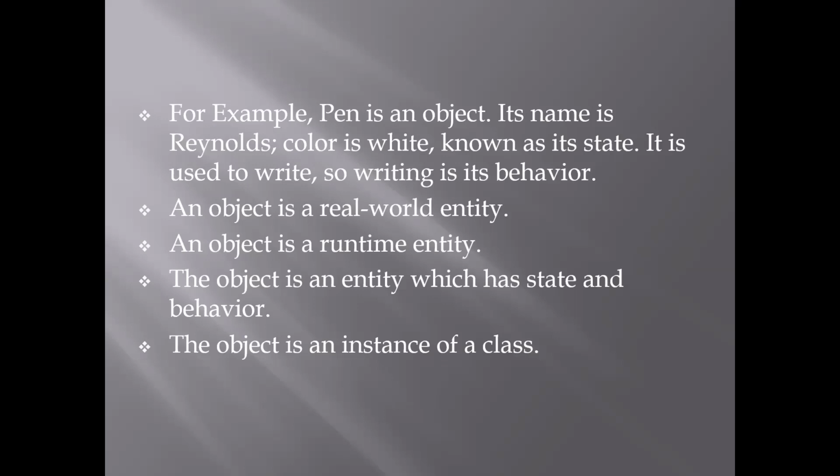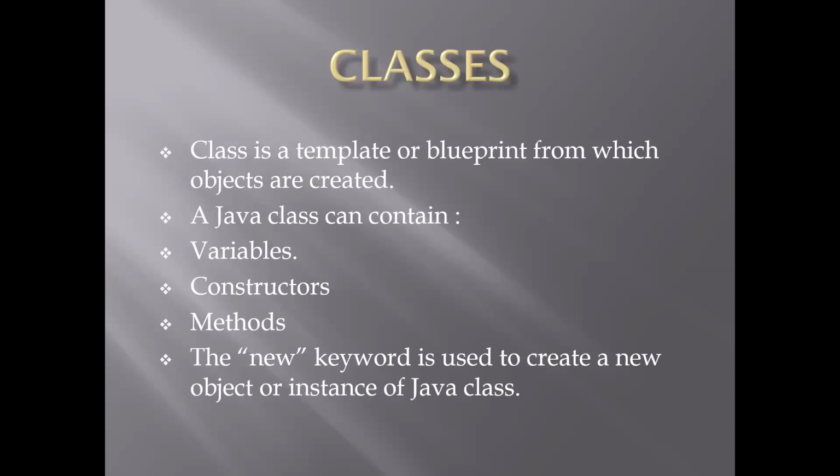As we mentioned, an object is an instance of a class. So now let's learn what a class is. A class is a template or blueprint from which objects are created. A Java class can contain variables, constructors, and methods. Variables hold the value or the data, the state.